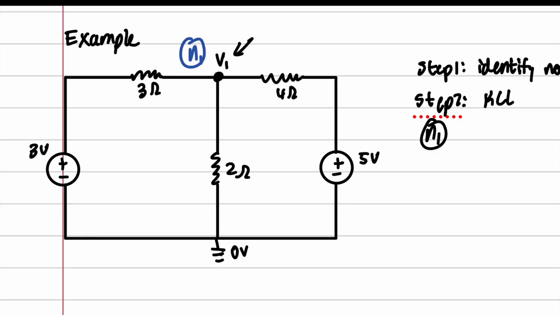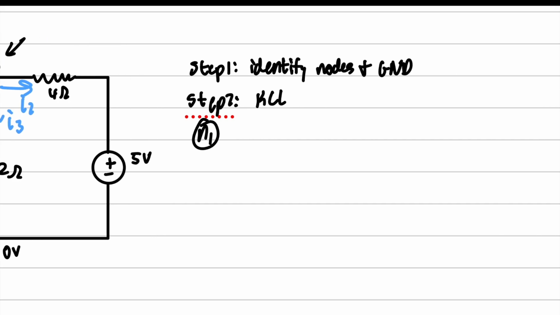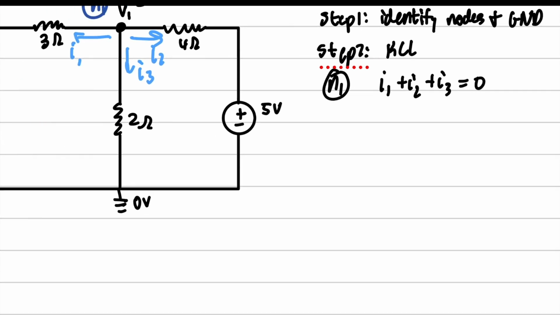We have one current going out this way, and one current going out this way. We'll call this one I1, this one I2, and then I3. So we want I1 plus I2 plus I3. But we know that's not useful, because we don't know those currents.